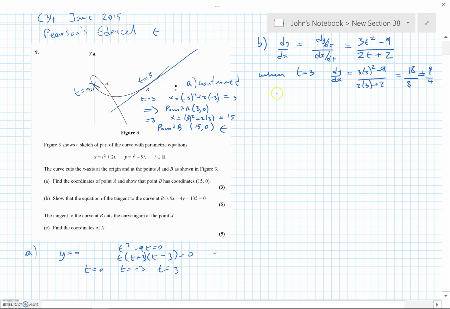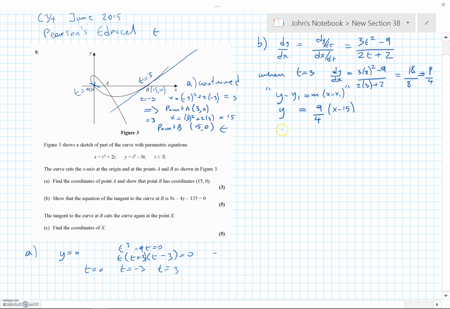So that's looking right. Now we can just use y minus y1 equals m(x minus x1). So we've got y minus naught, because we've got a coordinate of (15, naught) here. y minus naught is equal to 9 over 4 (x minus 15).